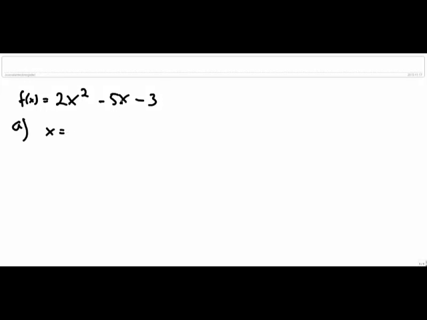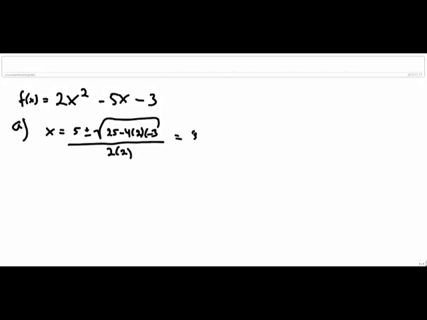So minus b is minus 5, which is plus 5, plus minus the square root of b squared, minus 5 squared is 25, minus 4 times a, which is 2, times c, which is minus 3, everything divided by 2a, which is 2 times 2.